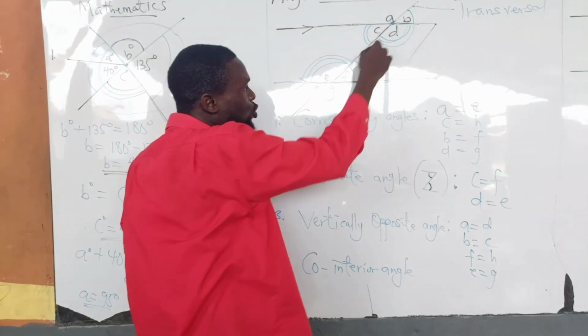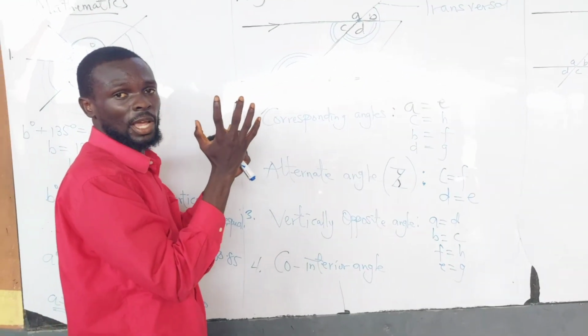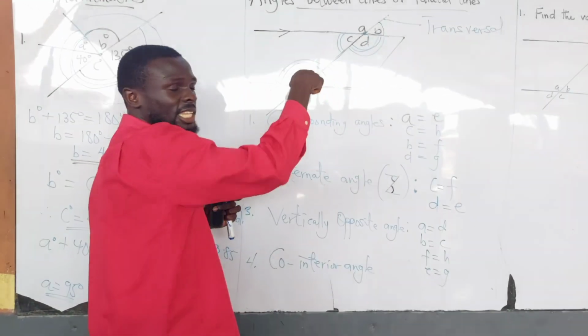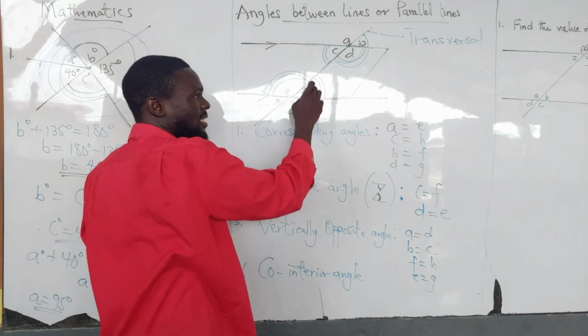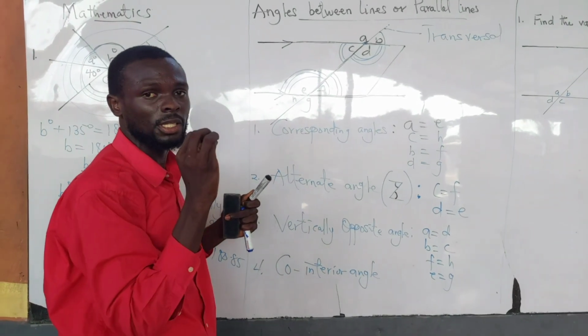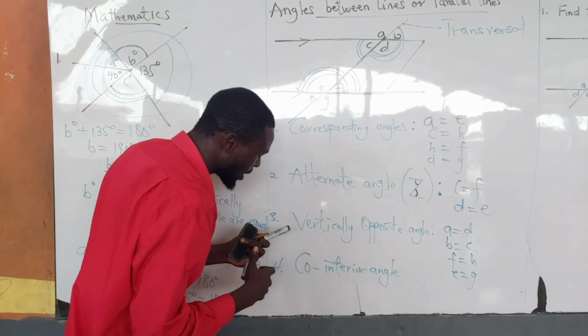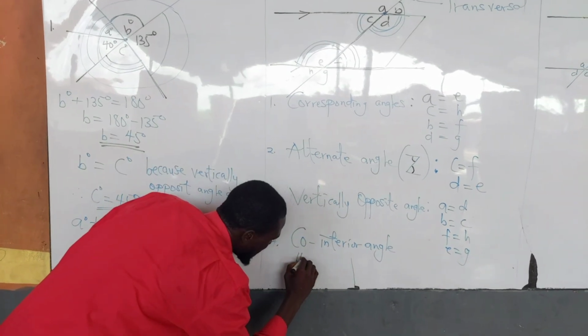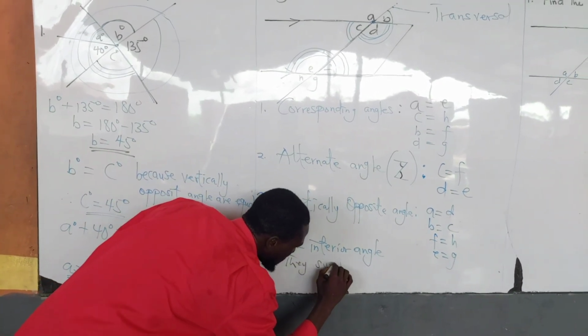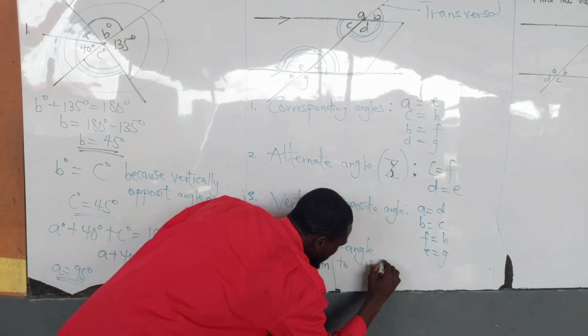So, we say these two are co-interior. So with the co-interior, when you sum this and this, it gives you 180 degrees. So with the co-interior, we say they sum to 180 degrees.